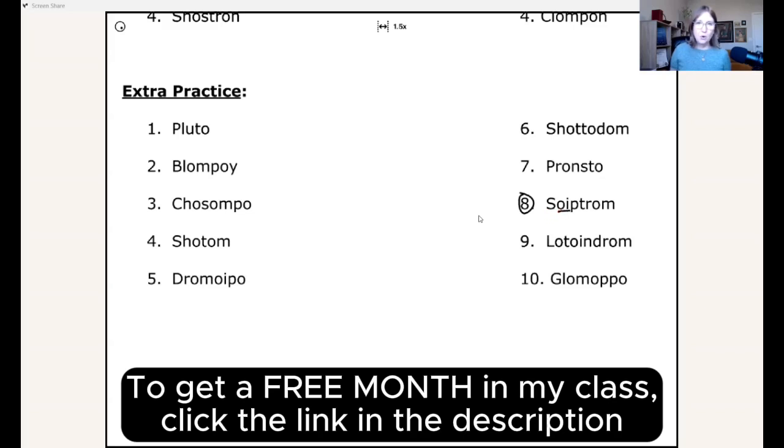This OI says oi. This O is going to make the schwa sound. So our sounds are s, oi, p, t, schwa, m. Soip, trum. Soip, trum.